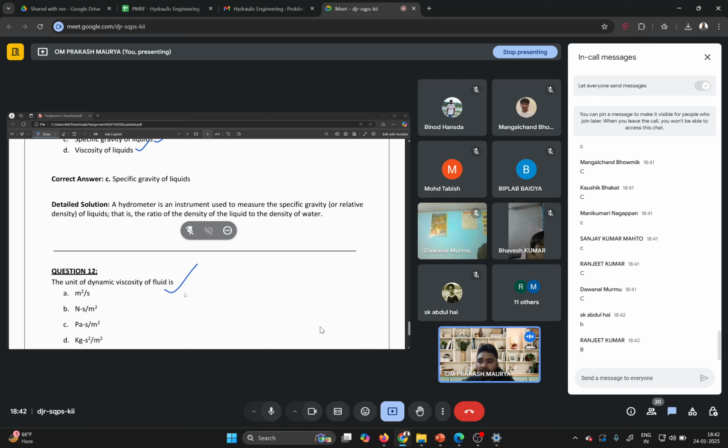The unit of dynamic viscosity of fluid is: option A, meter square per second; option B, Newton second per meter square; option C, Pascal second meter per meter square; option D, kg second square per meter square. Okay, most of the students are telling the option.